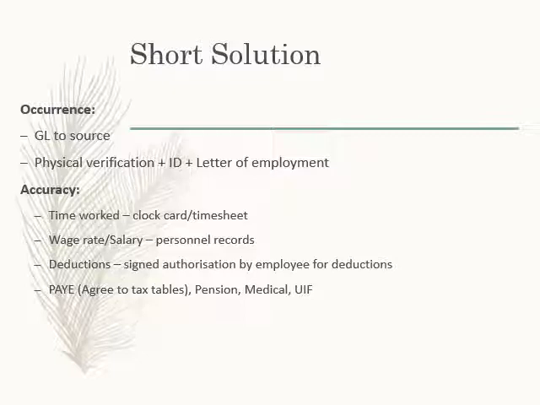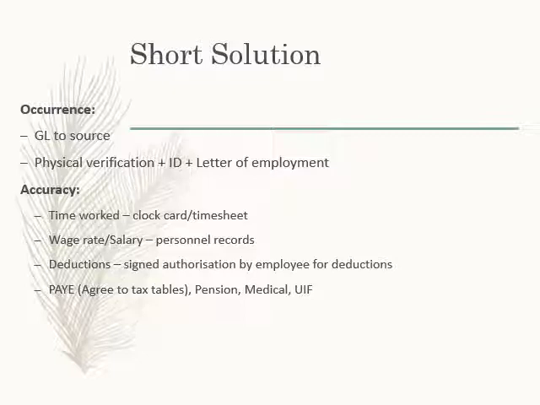Okay, so here you're going to apply some of your tax knowledge as well, and then you recalculate the pay as you earn and compare it to what has been recorded by the client, either in their separate payroll software or in their GL as well.